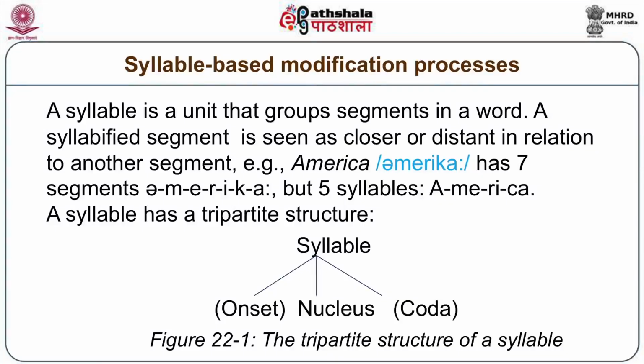So if we want to see whether a segment that occurs between two segments is close to one or the other, there is no way to find out if we restrict ourselves only to the segment level. But when we look at how the word is organized into syllables, then it is easy to see which segments come closer to each other. For example, the word America is divided into a, me, ri, and ka, four syllables.